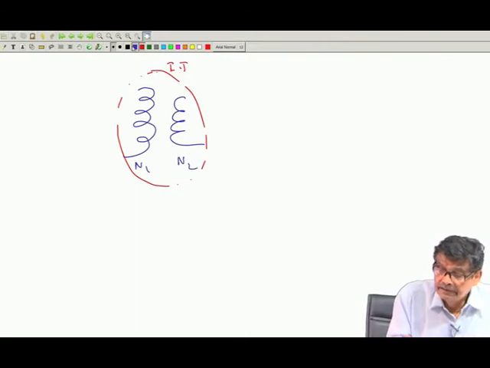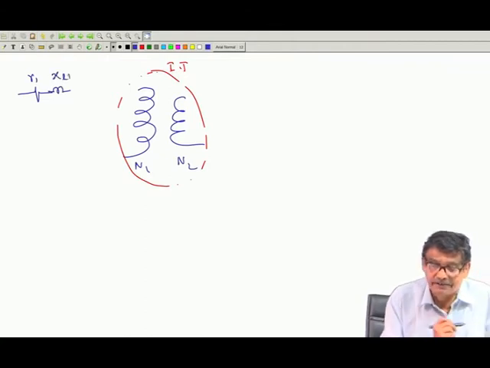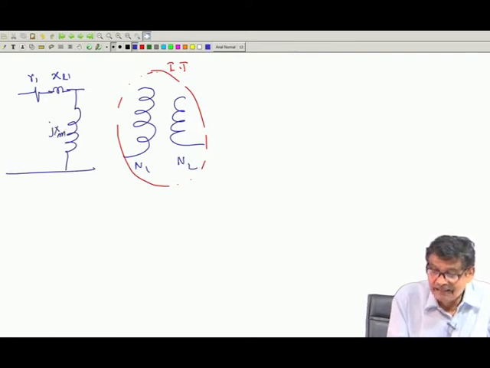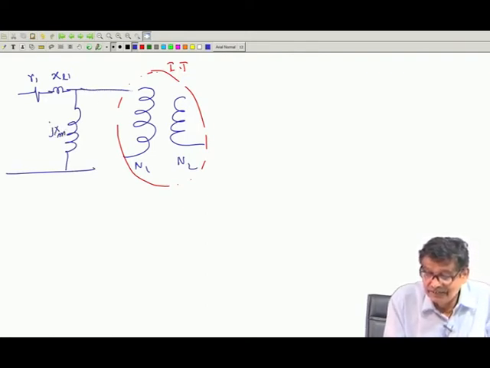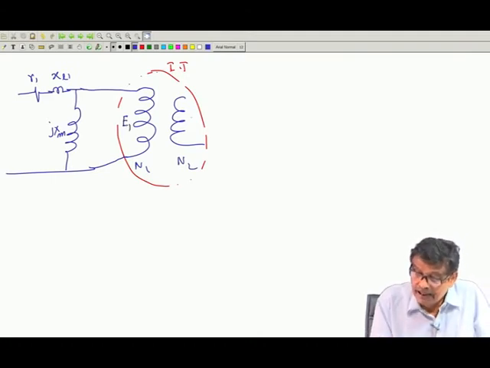And then, as we have seen, you have got R1. Now, what I am saying is, in series with R1 there must be another small reactance XL1, and then this is your jXM, and then this is your ideal transformer, this is your E1 and this is your E2.